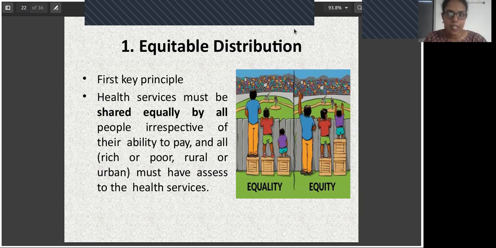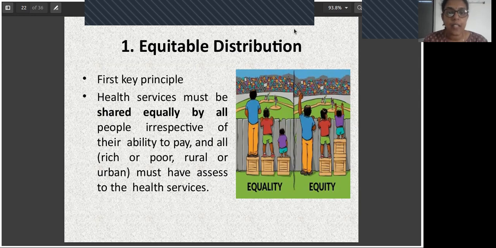But equity is making sure everyone gets the same result by putting into consideration their economic disposition, their background, etc. This is applicable to primary healthcare also.